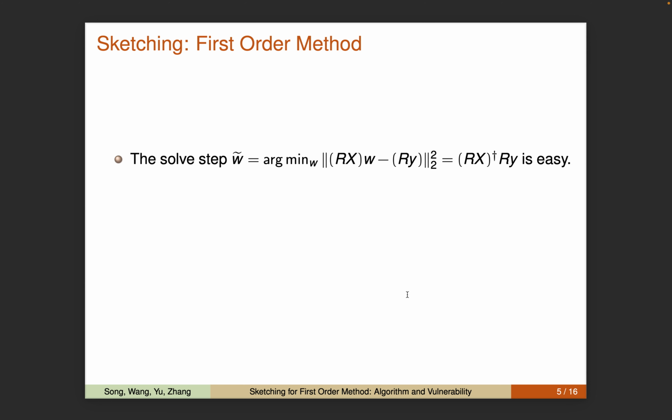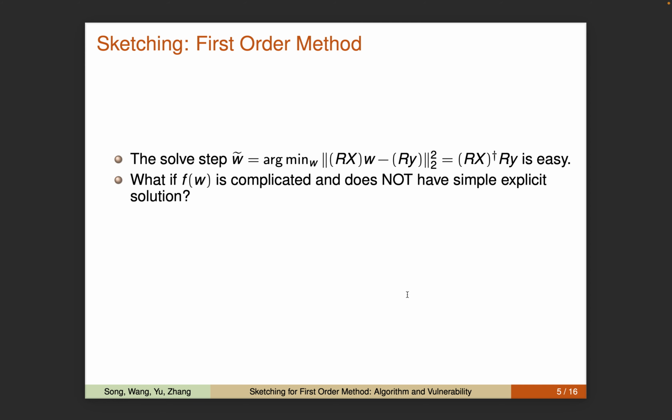One of the advantages of sketching is that the solve step, after we reduce the number of rows, is very simple. But we oversimplified the problem here by only considering linear regression, while most modern machine learning models are much more complicated than that.